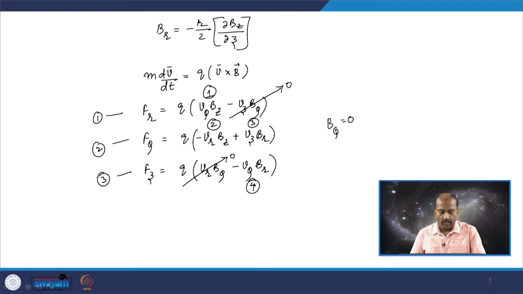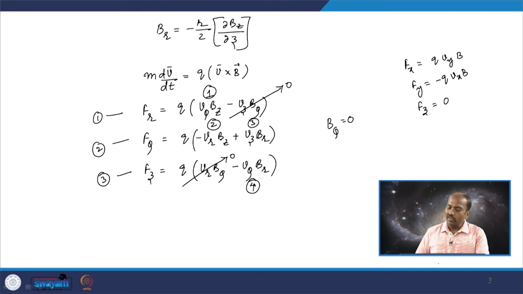If you look back, term number 1 and 2, of course, they were similar. So, we had Fx being given as, let us say, q times vy B, and Fy is minus q times vx B, and Fz was of course 0. This was when the magnetic field was not changing with respect to space, a homogeneous magnetic field.